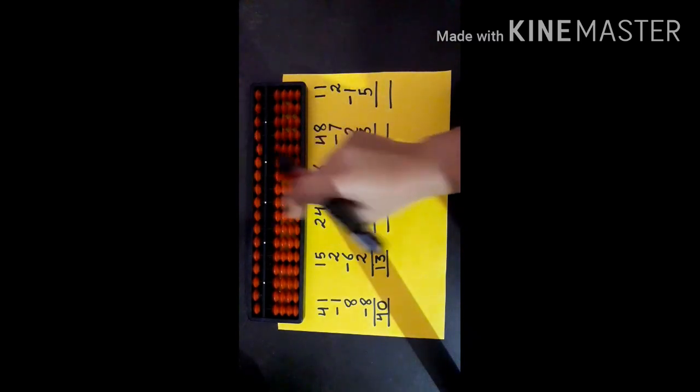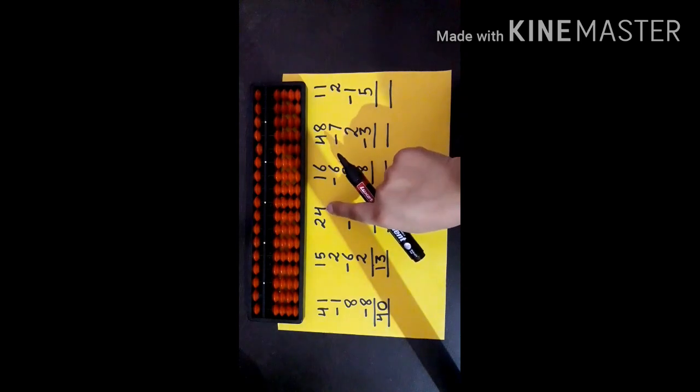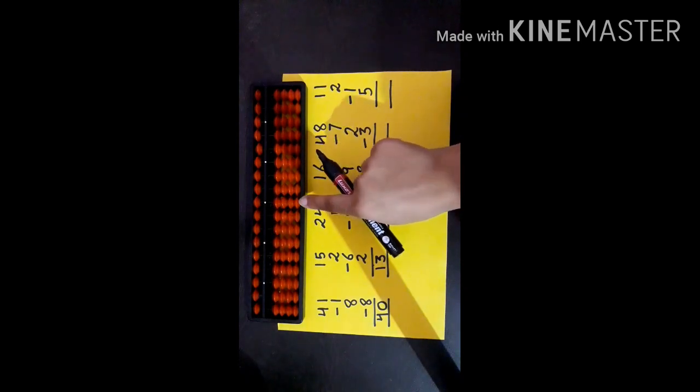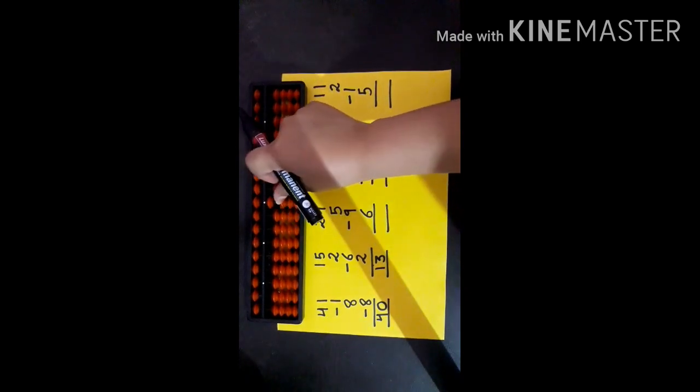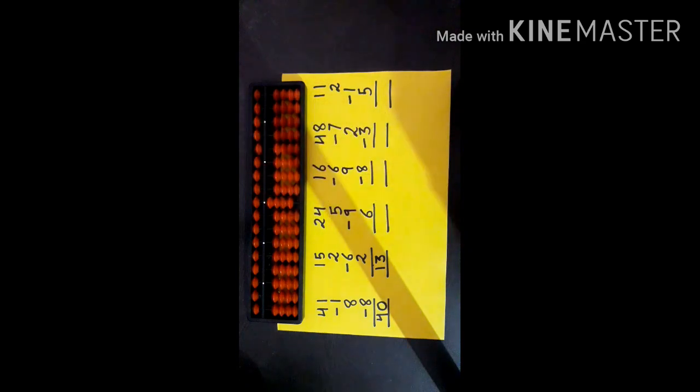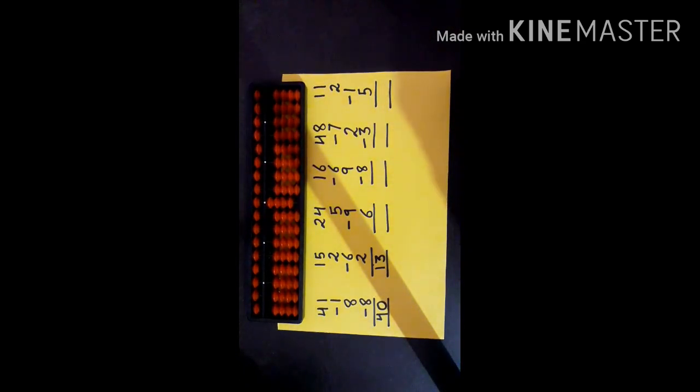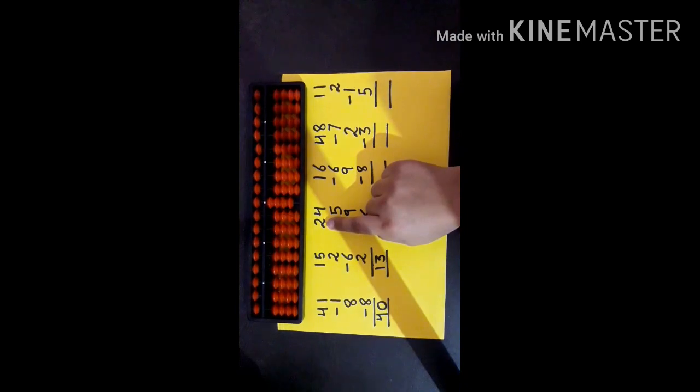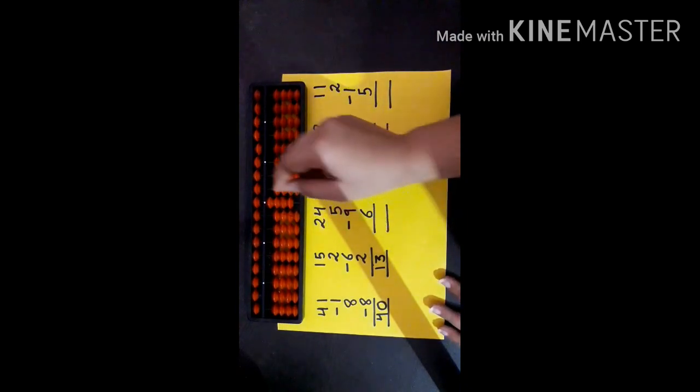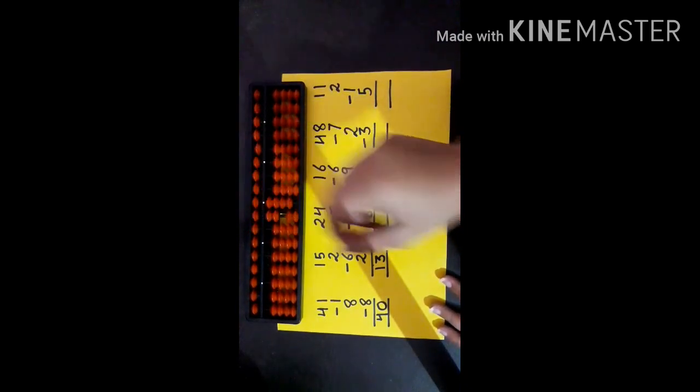24. Set your abacus. 4 in first place, so first rod. 1, 2, 3, 4. Now 2 in second rod. 1, 2.